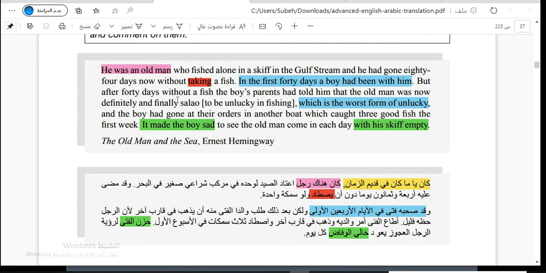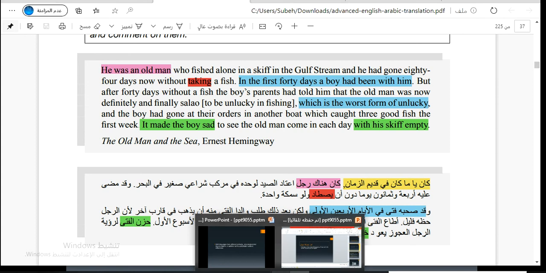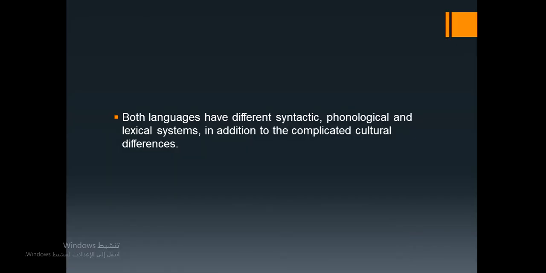But after 40 days without a fish, the boy's parents had told him that the old man was now definitely, and finally, salao. Salao actually is not an English word. If you go to the Oxford Dictionary, you will not find a translation for it.